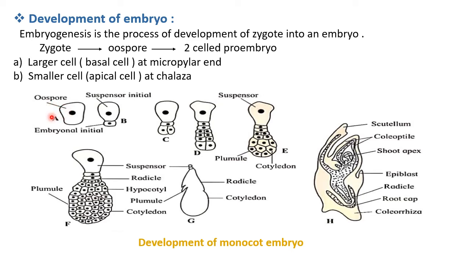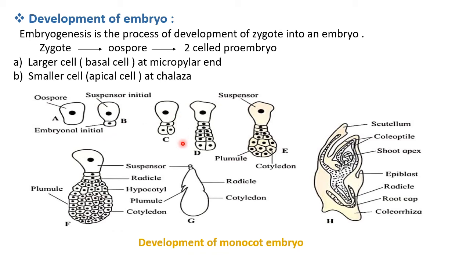The oospore divides into a two-celled structure called proembryo. We can see it in the diagram B. It shows an upper large cell called basal or suspensor cell at the micropylar end and a smaller cell called embryonal initial towards the chalazal end.